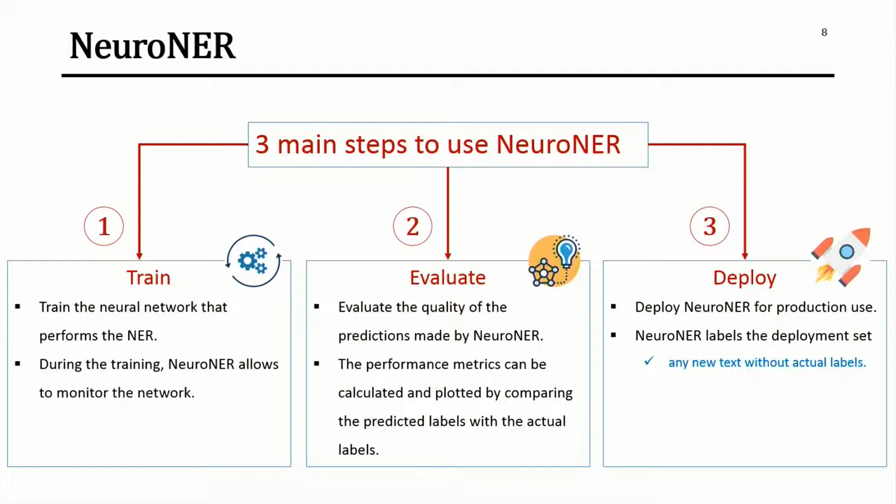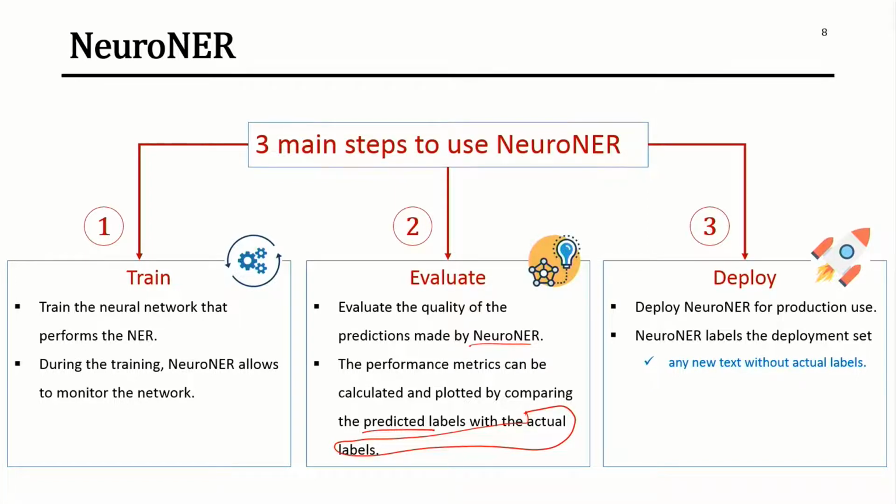and how the data is obtained from its process. And next, in the evaluation process, we evaluate the quality of the predictions made by Neural NER. We can check the performance metrics by calculating and plotting the information, comparing it to the predicted labels. We have the predicted labels and we also have the actual labels, because it is supervised classification.